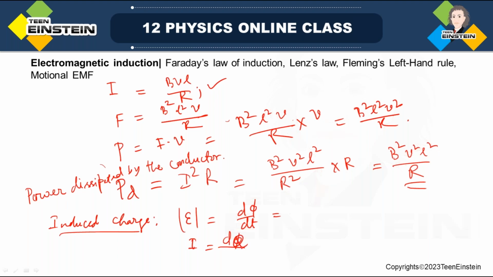Oh, sorry, dq by dt, right? So look here, if I write dq, the induced charge is I dt. So what is I then? What is I again?